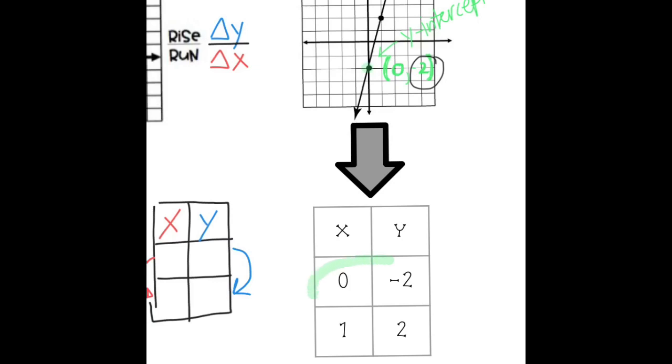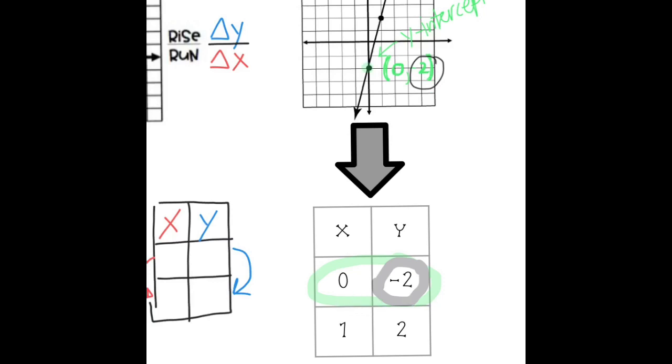Right here, we've got the point where x is 0, which means it's definitely located on the y-axis. And our y-intercept we would put into the equation would be -2. Just like what you see featured up here. Over 0, down -2, over 0, down -2.